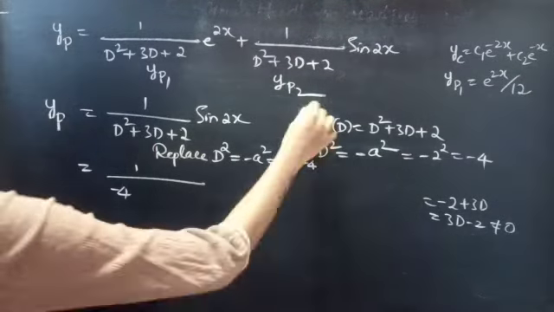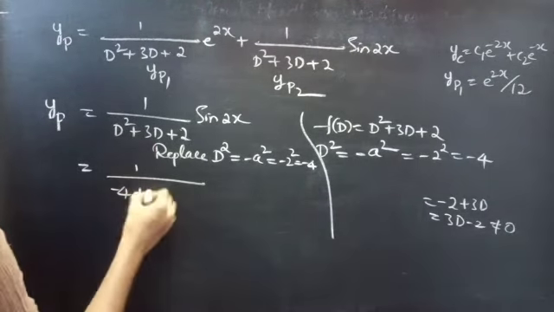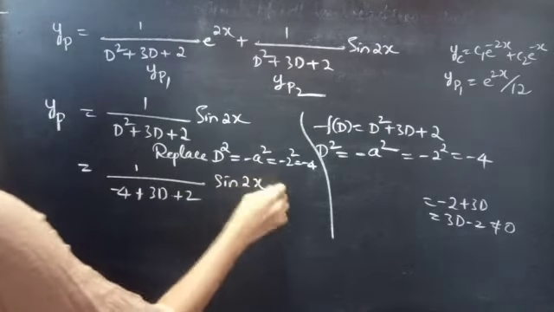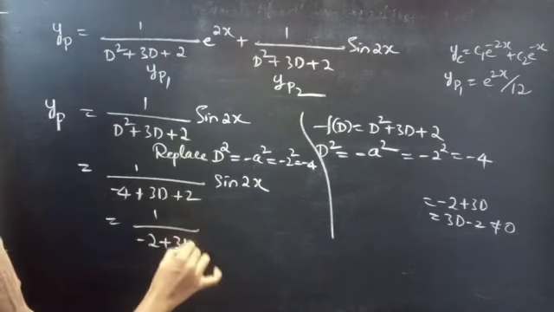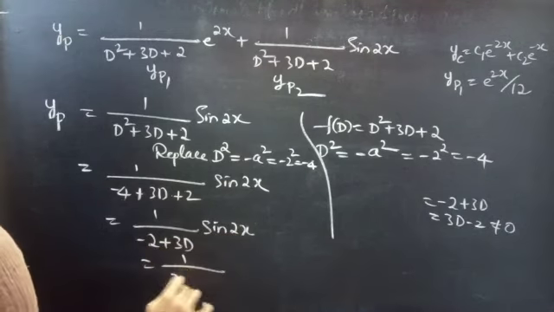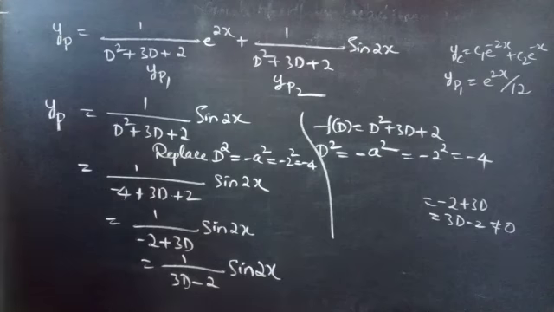Already we have checked this; you can write the same steps or do it again. It equals 1 by minus 4 plus 2, which is minus 2, plus 3D, into sine 2x, which is 1 by 3D minus 2 into sine 2x.